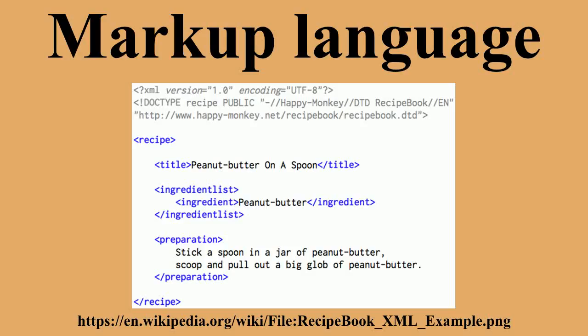Book designer Stanley Rice published speculation along similar lines in 1970. Brian Reid, in his 1980 dissertation at Carnegie Mellon University, developed the theory and a working implementation of descriptive markup in actual use.